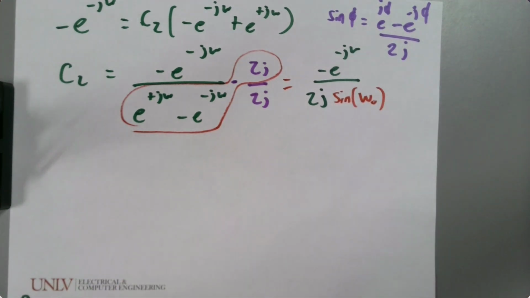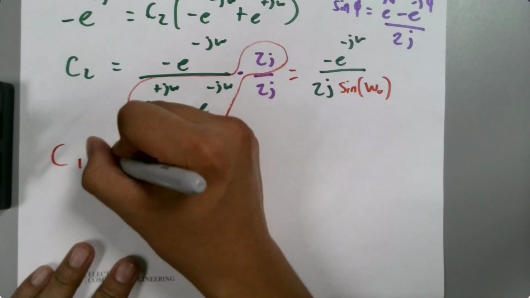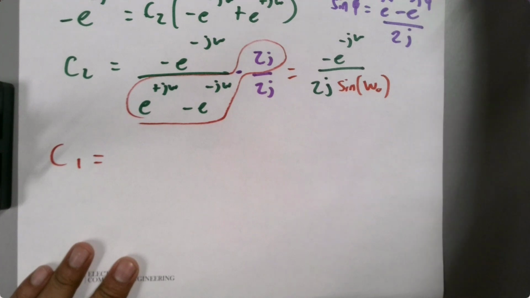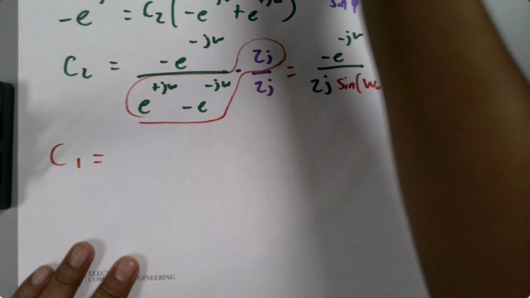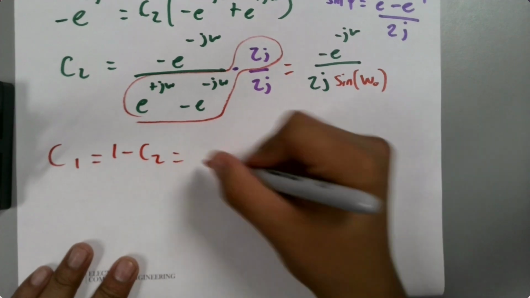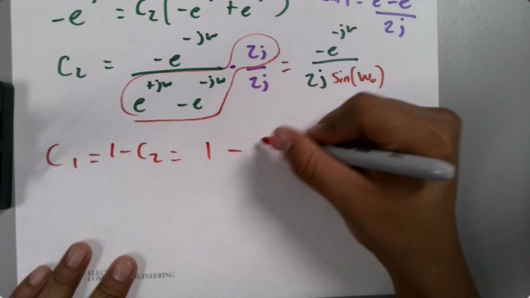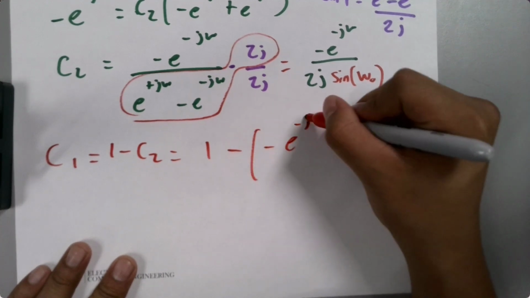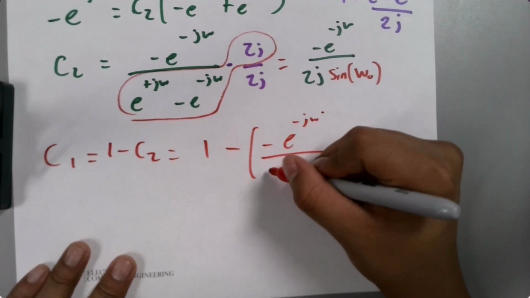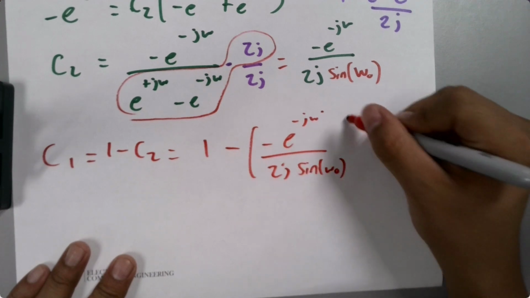Make sense? And then for C1, we stated that C1 is equal to 1 minus C2, which is equal to 1 minus e to the minus j omega over 2j sine omega naught. Okay?